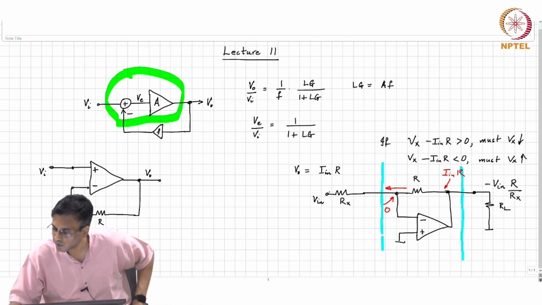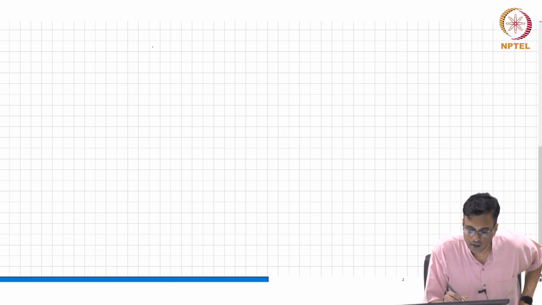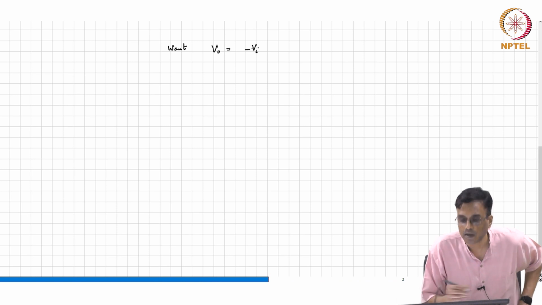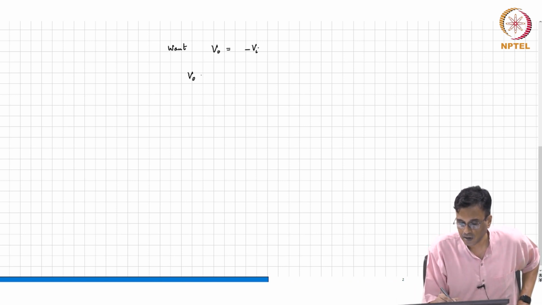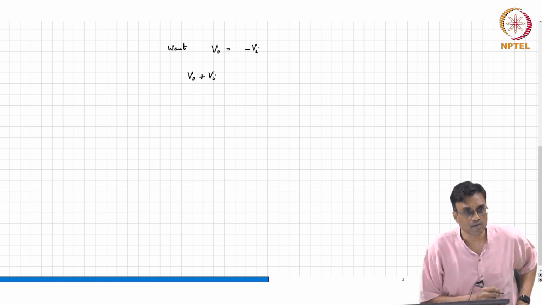So what I was saying was, let us say we want VO to be minus Vi. So what will we do? We will find VO plus Vi. If VO plus Vi is greater than 0, what does it mean?